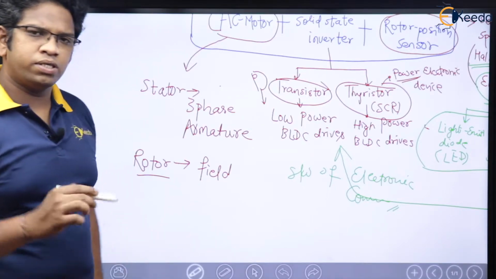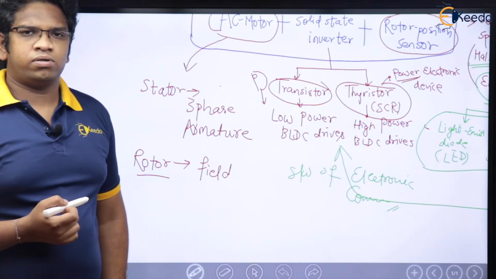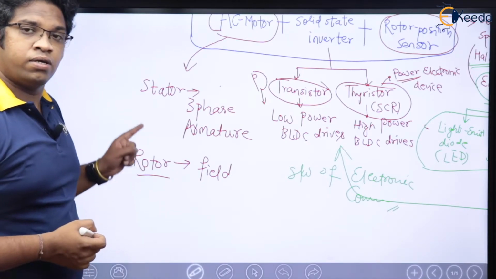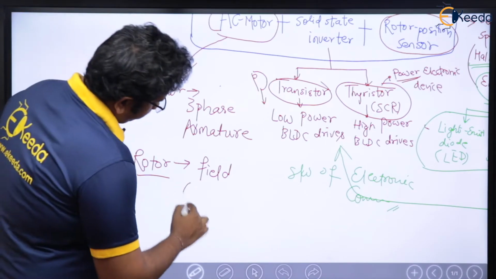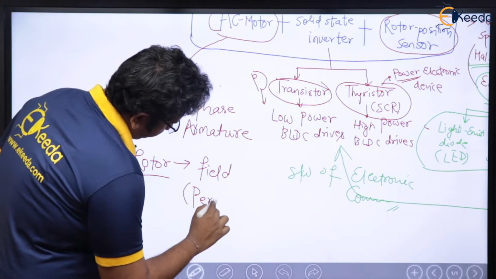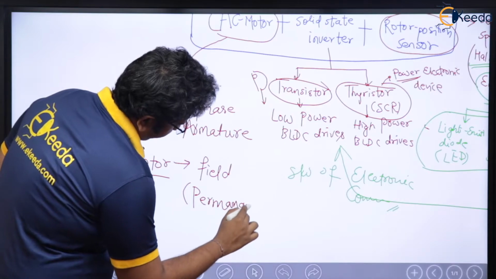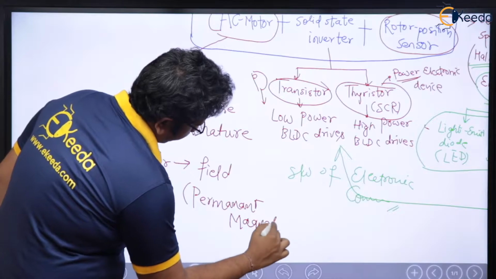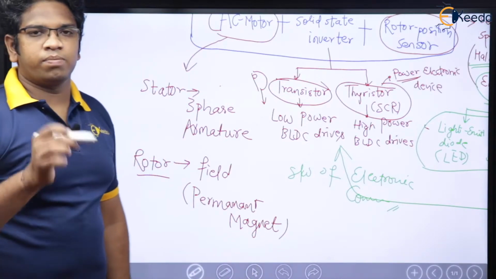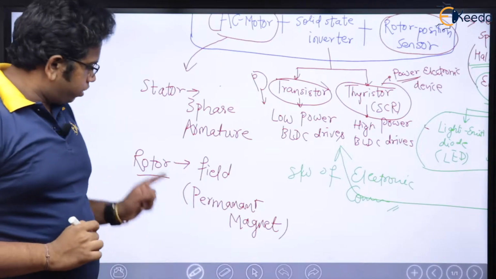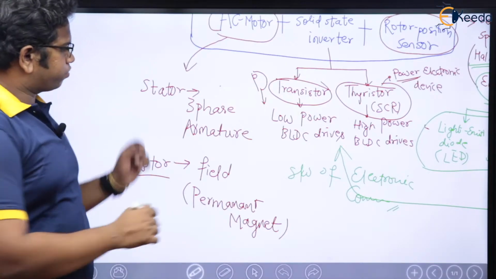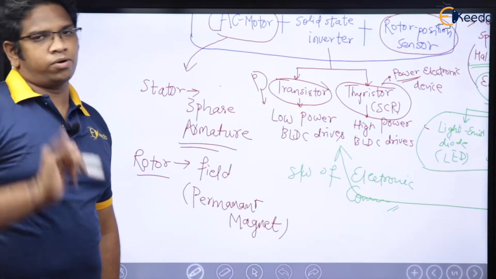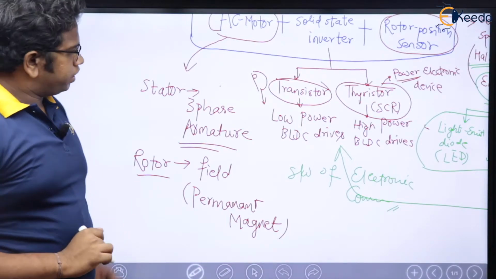Then you ask me, sir, but we have studied the same thing in synchronous machines, right? But see here, this field in the rotor is going to be a permanent magnet. Which means the rotor will be a permanent magnet. This is a very important thing. The rotor is going to be a permanent magnet, whereas the stator is going to be simply a 3-phase armature only. How it is there, we have already talked a lot about that armature, right? So this is the whole structure.